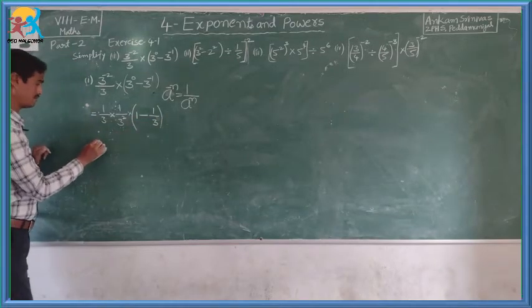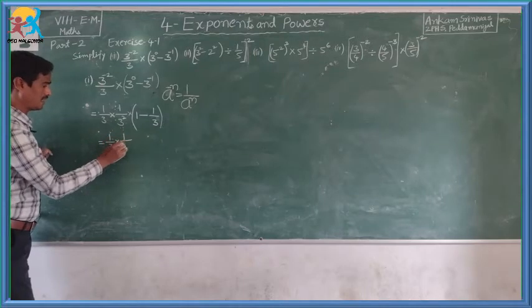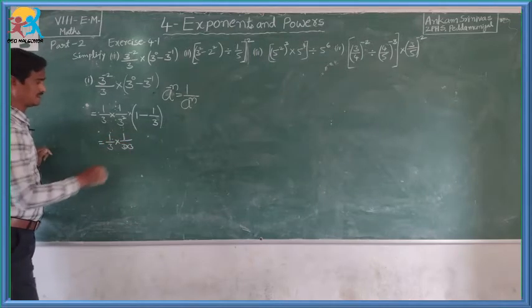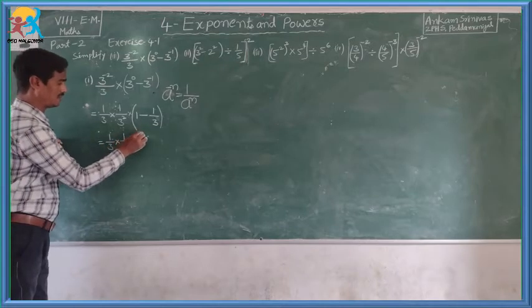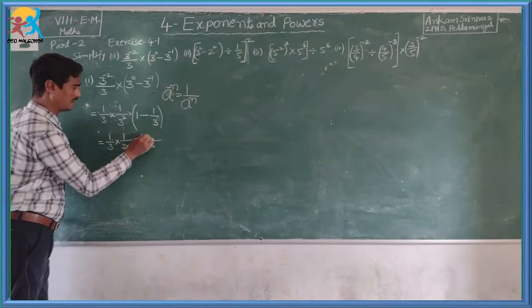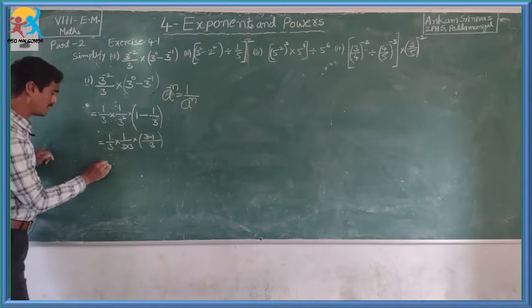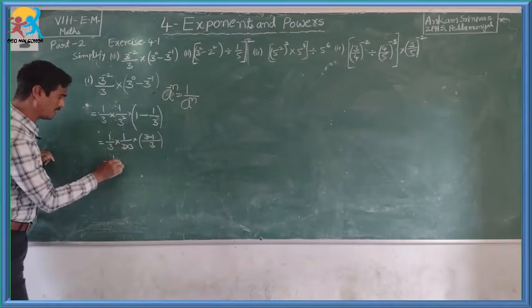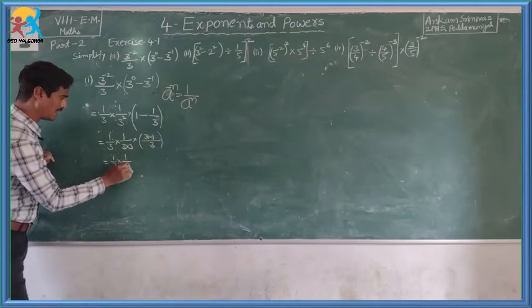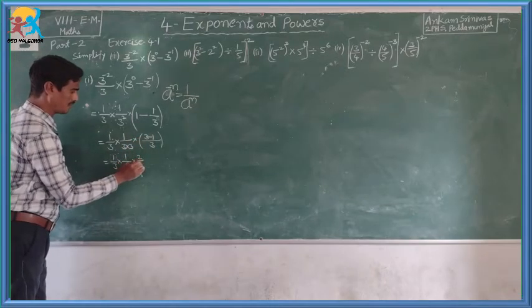Now here 1 by 3 into 3 power 3 into 3, 3 ones are 3, minus 1. How much will we get here? 1 by 3 into 1 by 9 into 3 minus 1, 2, 2 by 3.